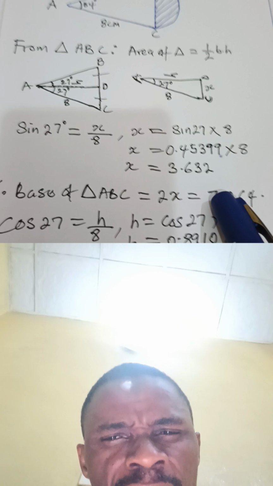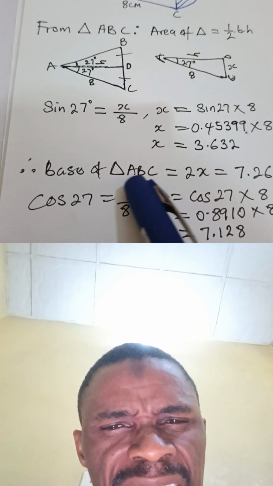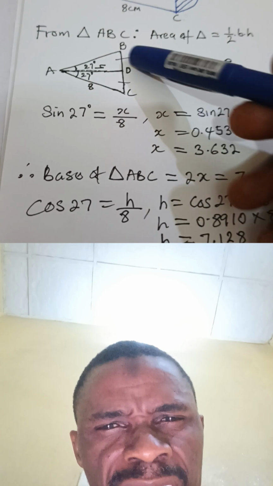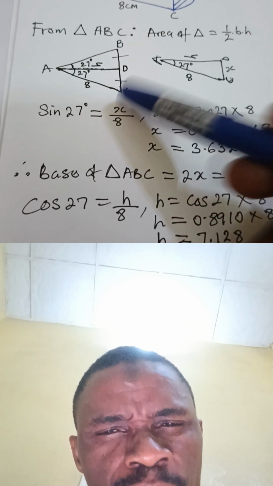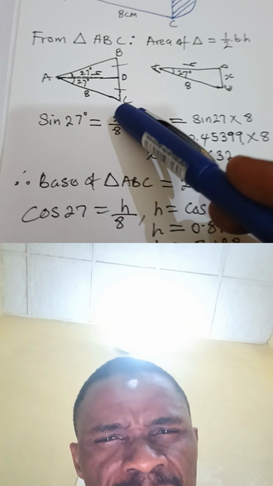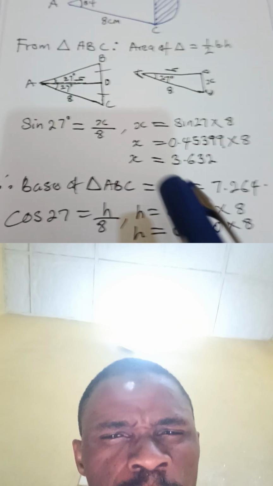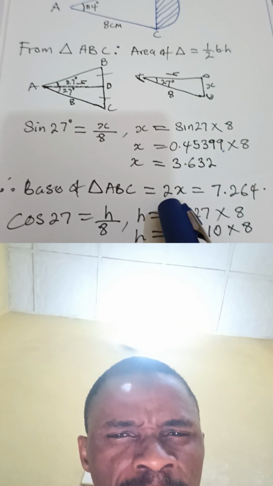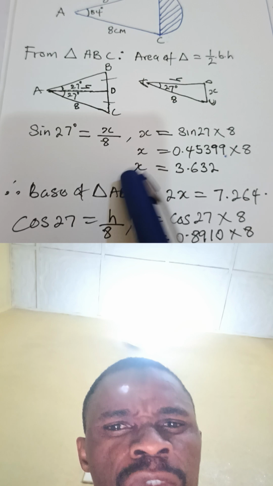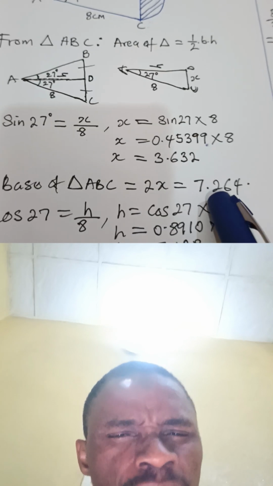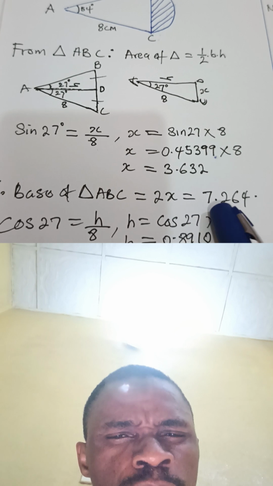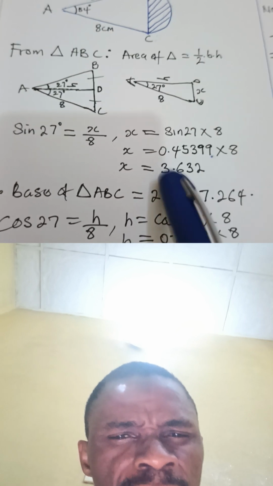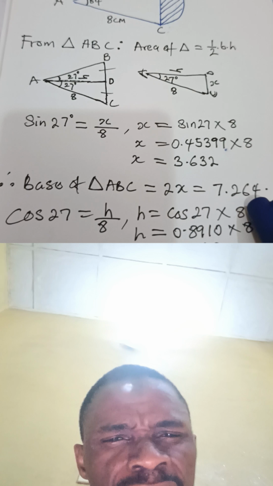Now for us to get the base of that triangle ABC, which is BC, since the two sides are equal, we just multiply it by 2. It means we have to times this s by 2. Then by the time you multiply 2 by this, it's going to give you 7.264.